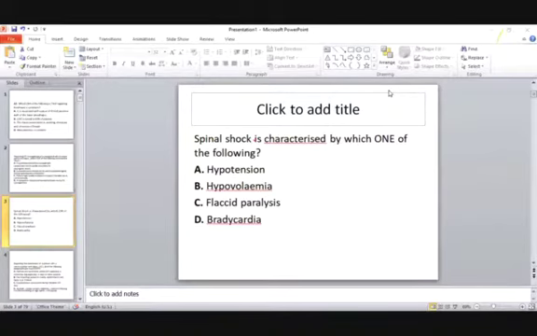Like if you do catheterization or a wound toilet or something like that, because of stimulation there can be vagal activity, and because of the unopposed vagal activity, since the sympathetic outflow is already gone, the patient can get severe bradycardia and even die. So if you do something to a spinal cord injury patient, always make sure you have some atropine. In case the patient has bradycardia, you can give atropine.